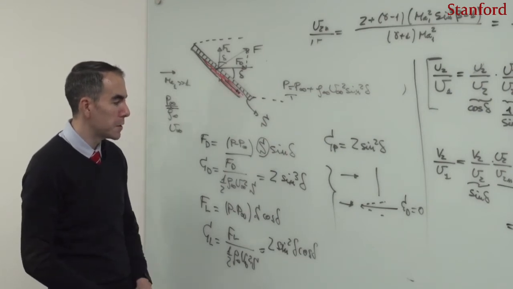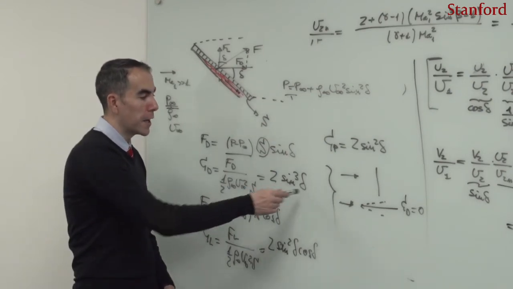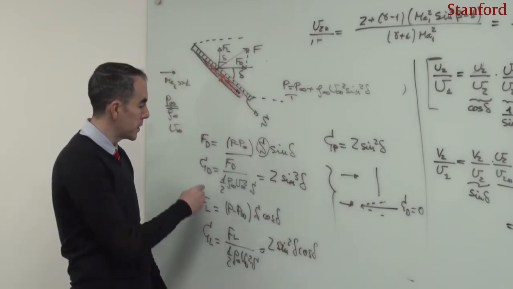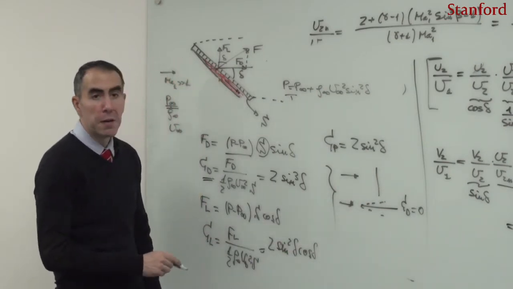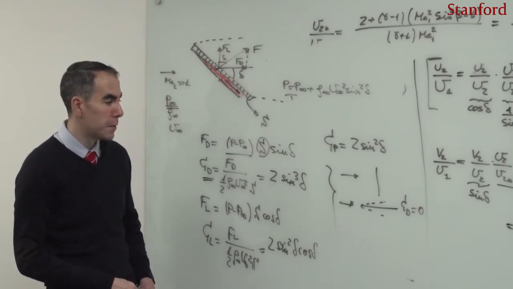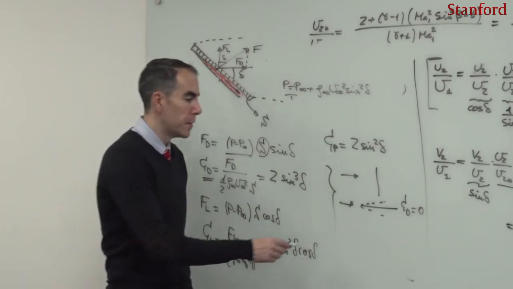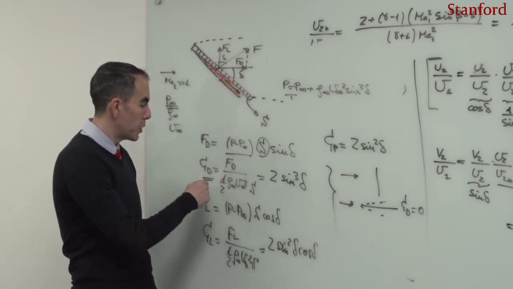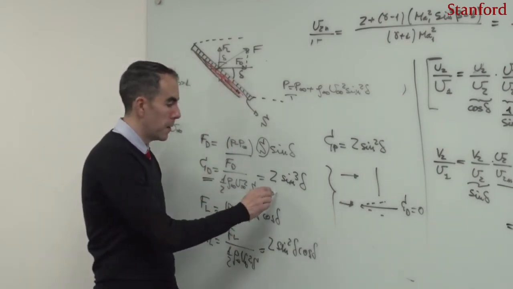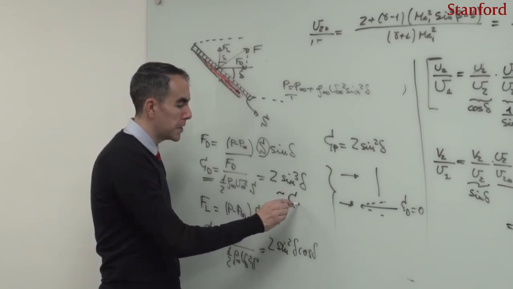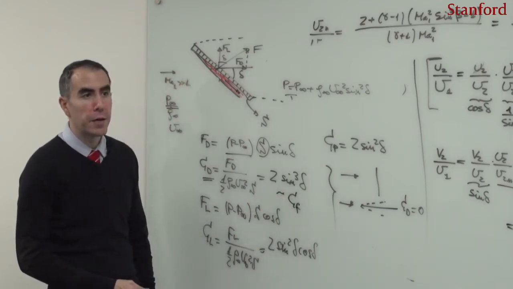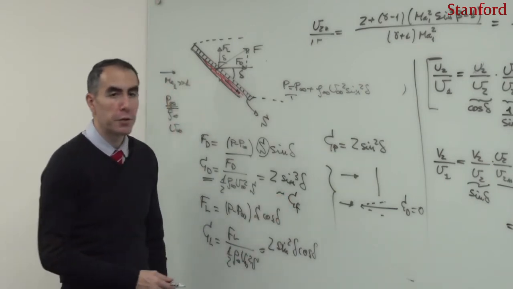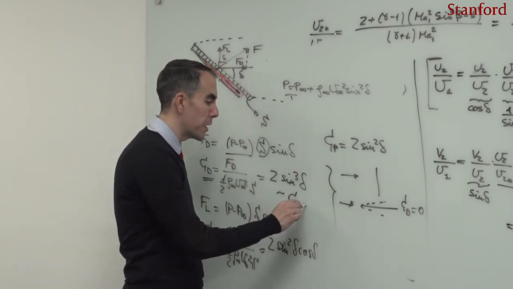Particularly, one could see that the critical angle for this theory to break down is an angle such that this drag coefficient becomes of the same order as the skin friction coefficient for a hypersonic boundary layer. So if I were to take this drag coefficient and equate it to a classic skin friction coefficient for a hypersonic boundary layer, these numbers tend to be of the order of 10 to the minus 3.